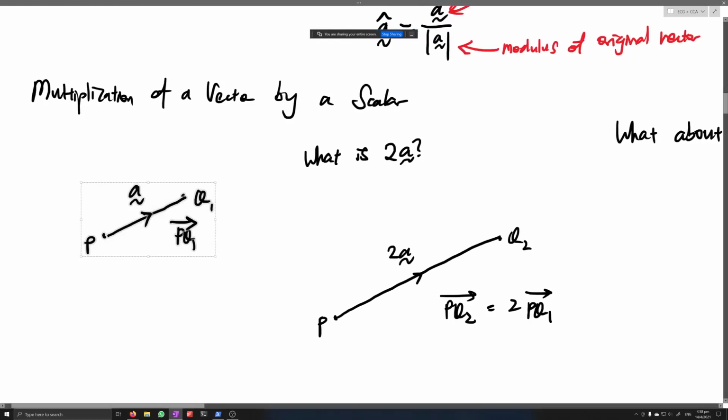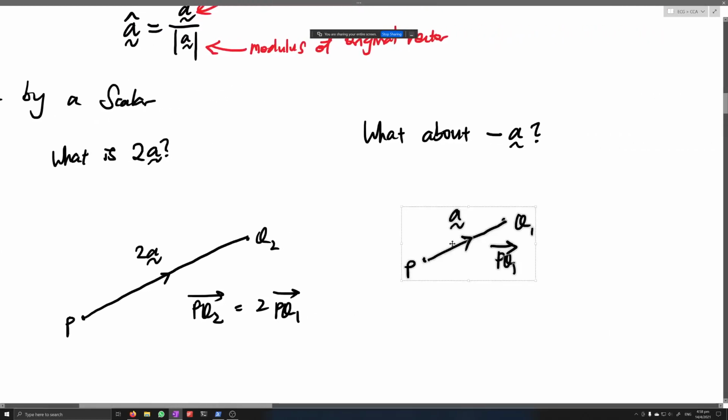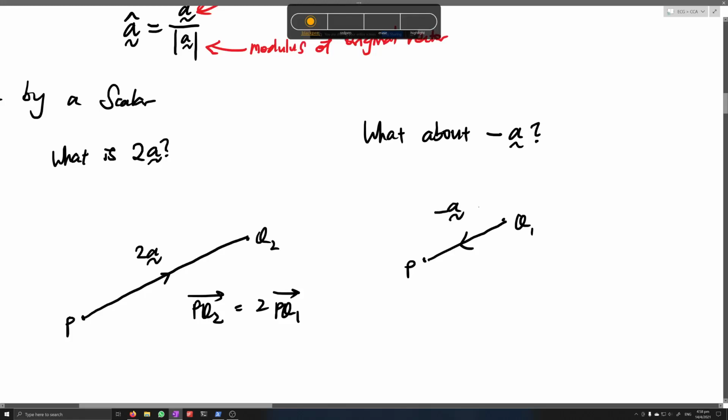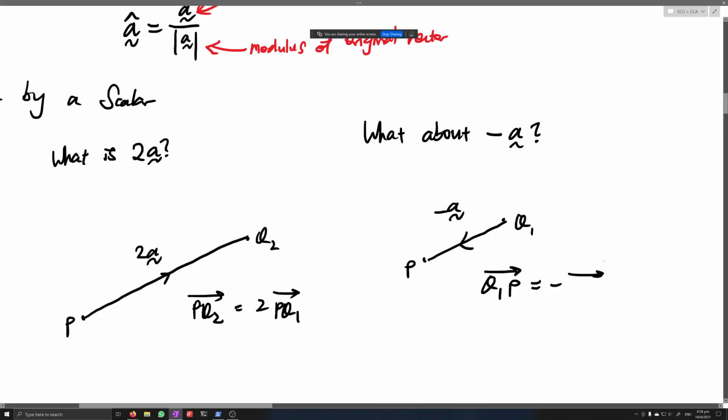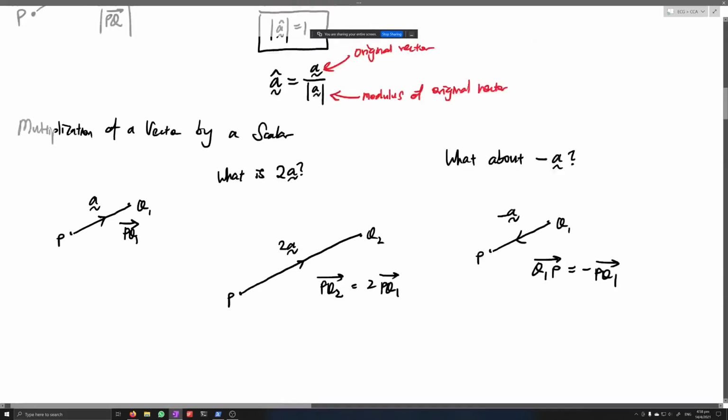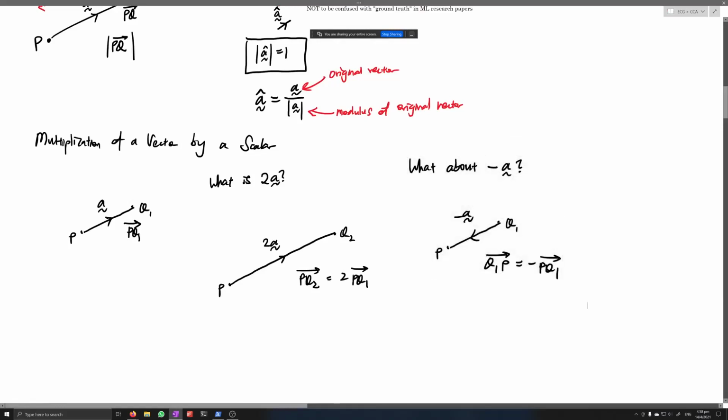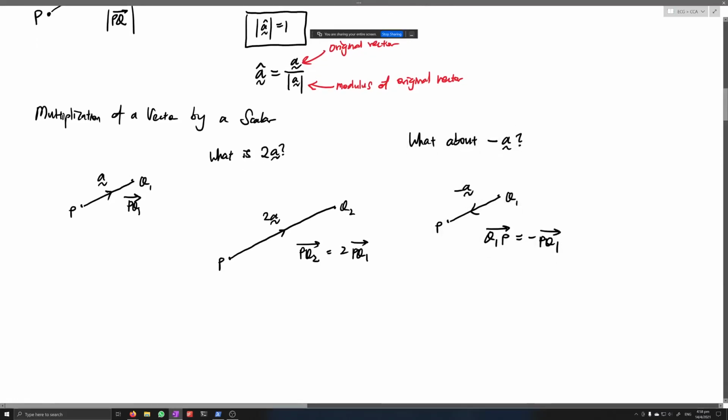So what I'll do now is go here, flip the direction, and now we have negative of A, and we have Q1P is equal to the negative of PQ1. So realize that multiplying by a negative number will flip the direction of the vector.